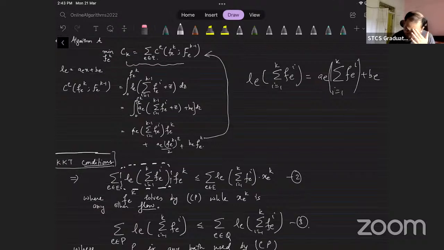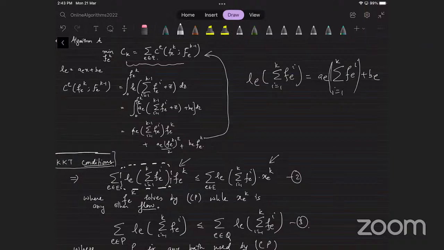Okay, that's what this does. So now we are saying we multiply this with FEK, and here you multiply with XEK, which is some other flow. The left hand side should be smaller than the right hand side. Actually, before adding some additional flow, so this was the cost, right?